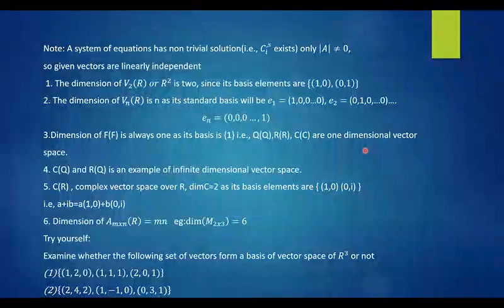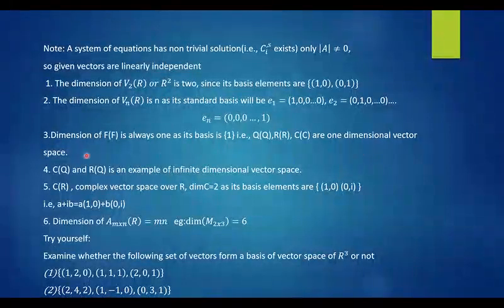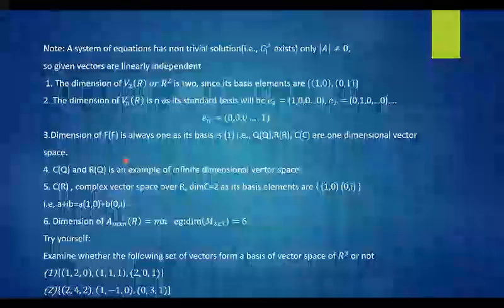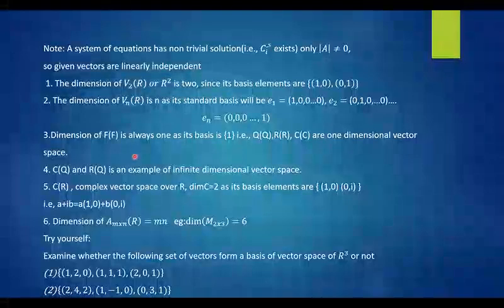So again, complex vector space of dimension 2 over the field of real numbers. Okay, then the dimension of the set of all m cross n matrices over the field of real numbers is m into n.